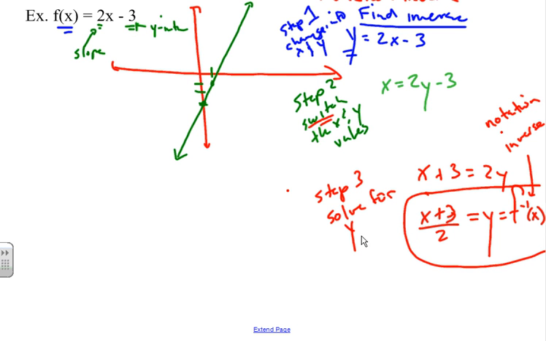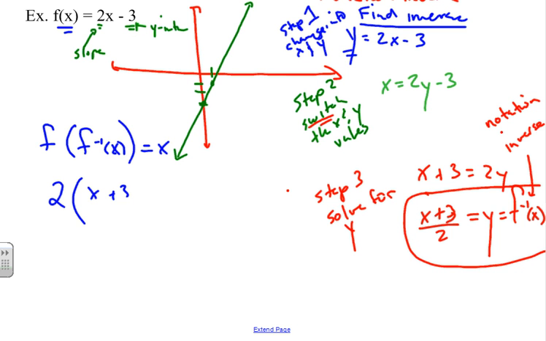Just to make sure, we can test this algebraically by plugging in f composed with its inverse, and we're hoping to get x. So we have 2 times the inverse I found, x plus 3 over 2, plugged in there, minus 3. And I'm praying that I get the right values. Simplify, get my red cancellation.